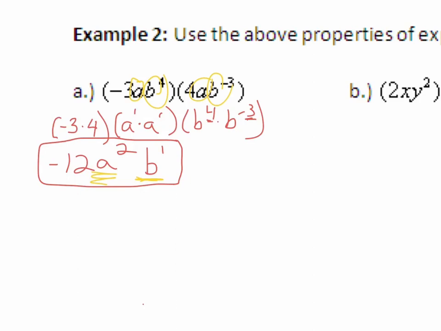Yes? This might be like a dumb question, but why wouldn't there be like an exponent of -3 and 4? So let me see if you're looking at that grouping right there. Oh, I see where you're at.